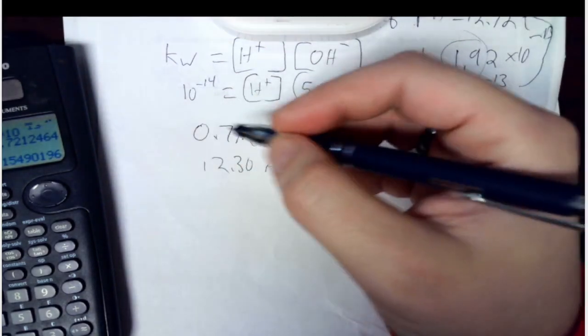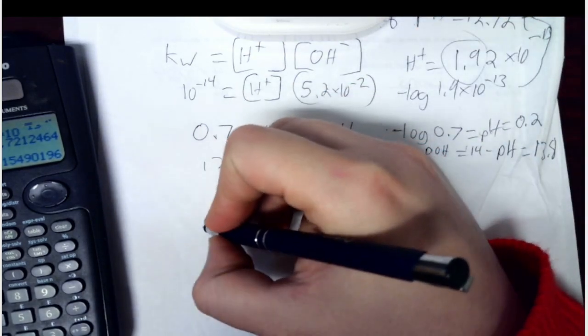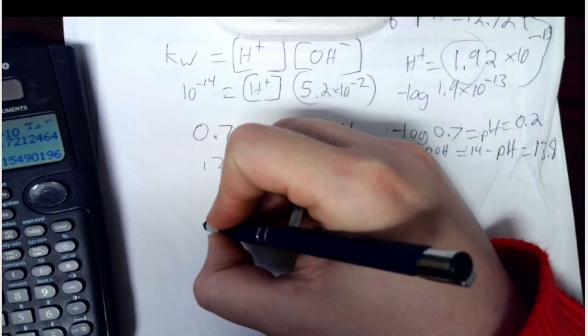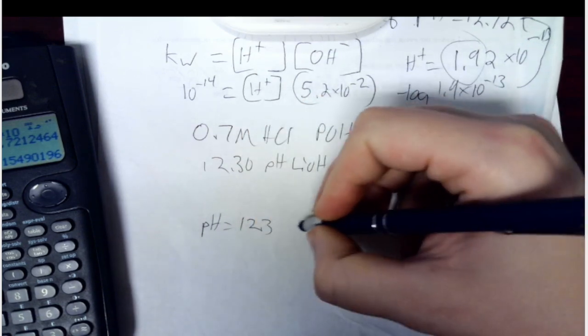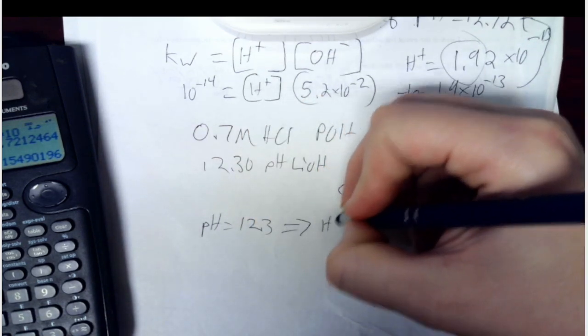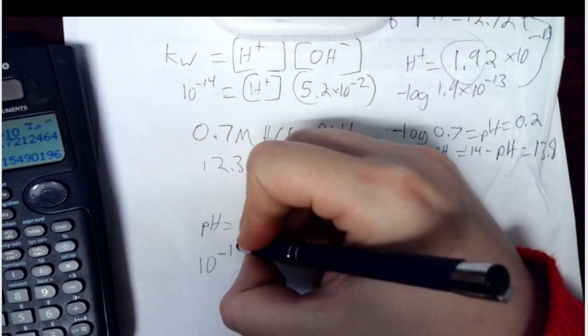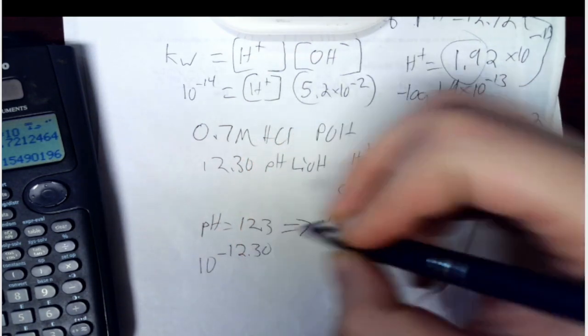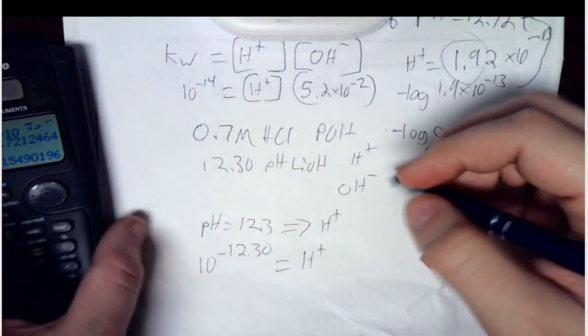So, this one first. I've been given a pH of LiOH, pH of 12.3, and I want to convert that into H plus. So, 10 to the negative 12.30 is going to be equal to H plus.